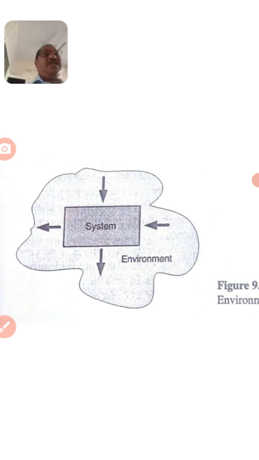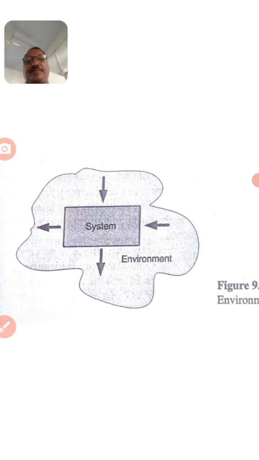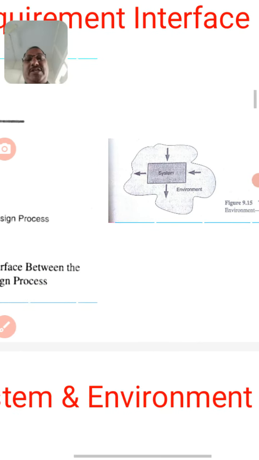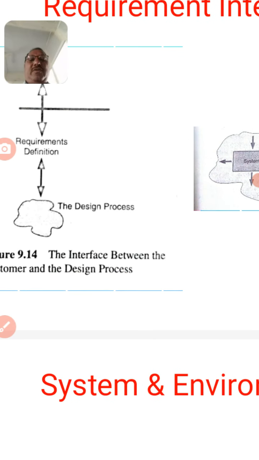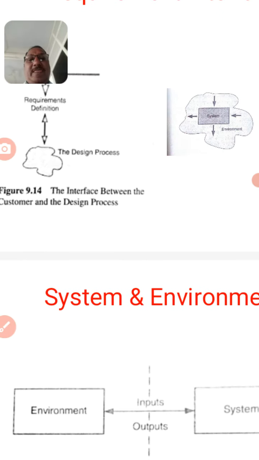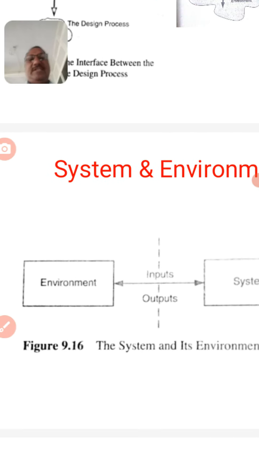If it is used in a car, then it will work in a vibration area. All these environment factors matter a lot for the system. This is a requirement. We will gather all this information. That is what a system requirement is.